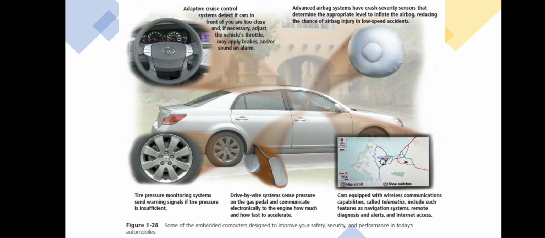Okay, so here is an example. Some of the embedded computers are designed to improve the safety, security, and performance in the automobile. So the control system of your car could detect if there are other objects that are too close to the car, and it will actually adjust the vehicle's throttle, or it may apply brakes or sound an alarm.